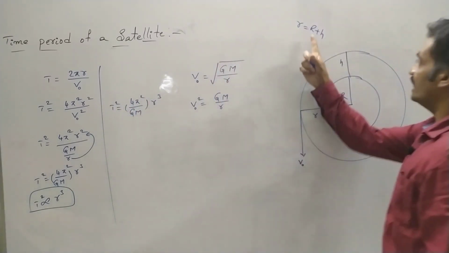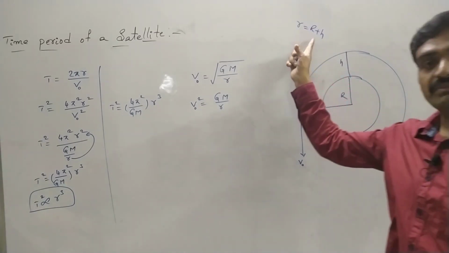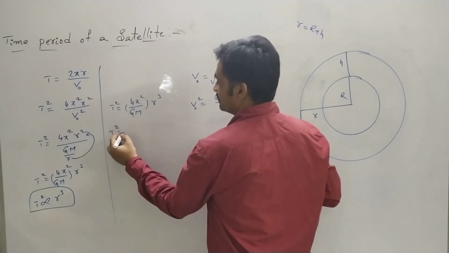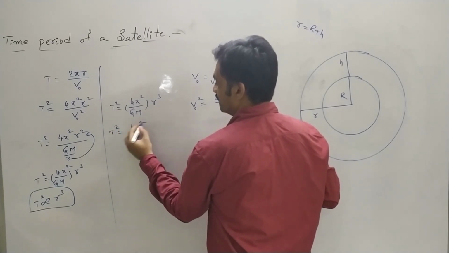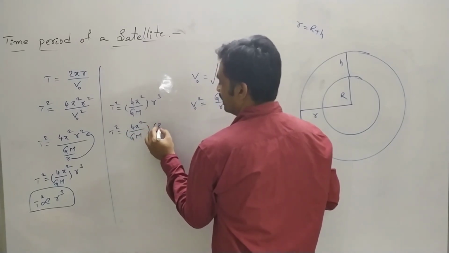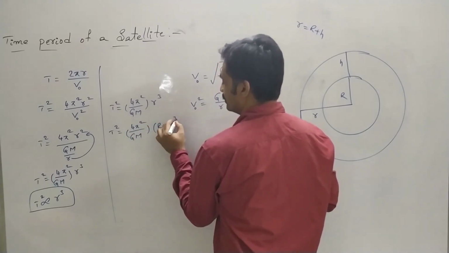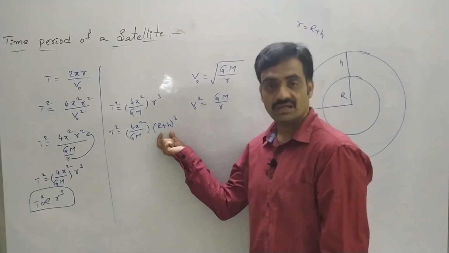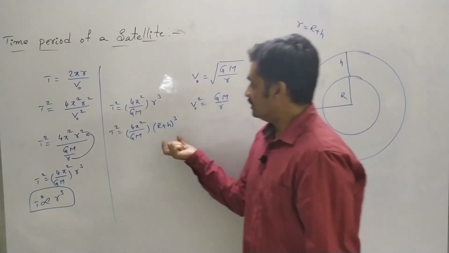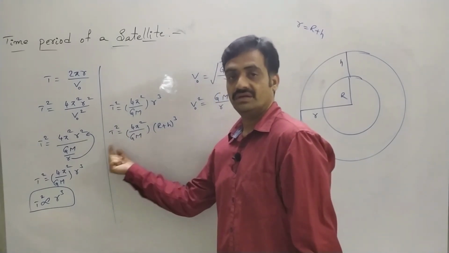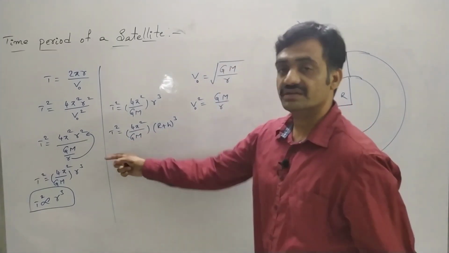But we know that small r equals capital R plus small h, so T square equals 4 pi square by G M into (R plus h) whole cube. In the place of small r, we substituted capital R plus small h. So we require the value of h, the height of the satellite, in terms of time period.